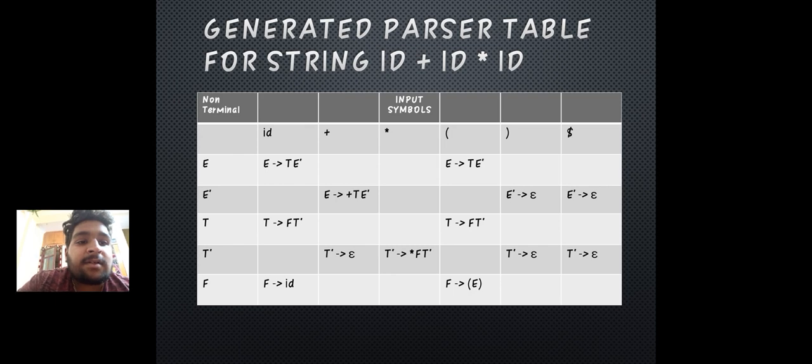For T', in the plus input symbol, T' → ε, in closing braces T' → ε, and in the dollar symbol also T' → ε.